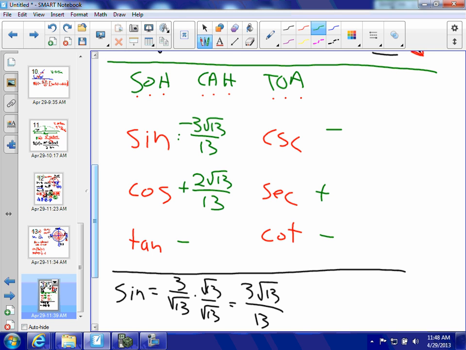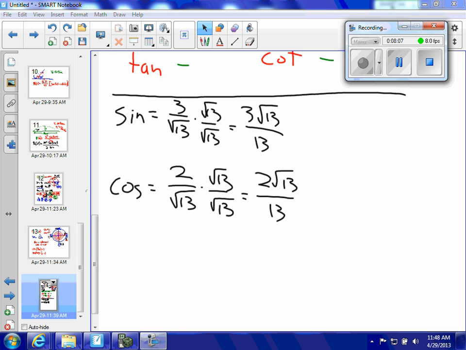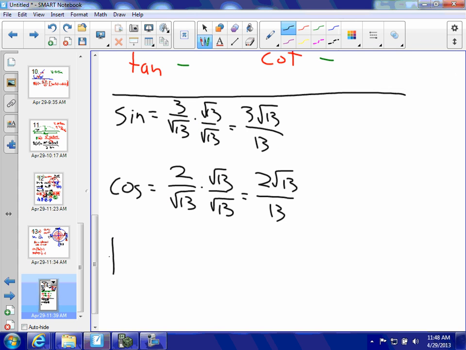Now, what about my tangent? I like to give my tangent as sine over cosine. But tangent is also opposite over adjacent.